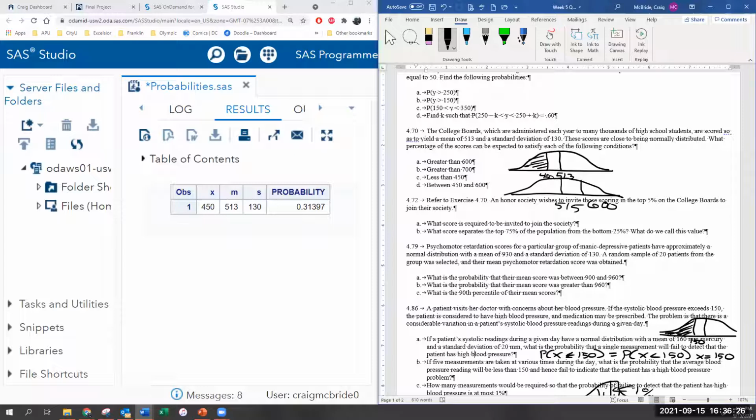And if we take less than 600, it's all of this, right? You can see that if you take this one and superimpose it on top of it and take away all of this piece, you're left with the in-between. So we just have to do a CDF of 600 and subtract the CDF of 450, and that'll give us the in-between.